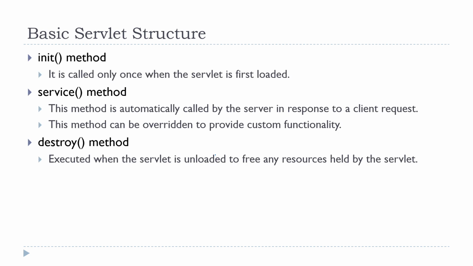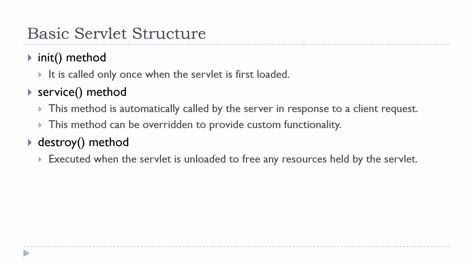The init method is called only once when the servlet is loaded. Whenever the servlet is loaded for the first time, the init method is called and all variables are initialized using the init method. Next, the service method. The service method is automatically called by the server whenever it receives a client request. Depending on the type of request received from the client, it will accordingly call a service method.